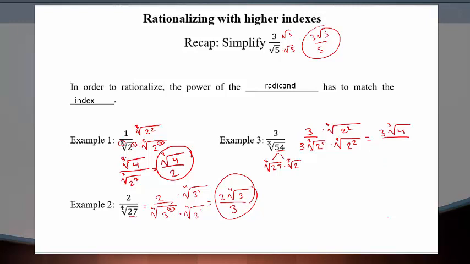And on the bottom, I'm going to have this outside 3. And what's going to happen is the cubed root of 2 cubed is just 2. So I get 3 cubed root 4 over 6. And because 3 and 6 are both outside a radical, you can go ahead and reduce those. So your final answer is the cubed root of 4 over 2.